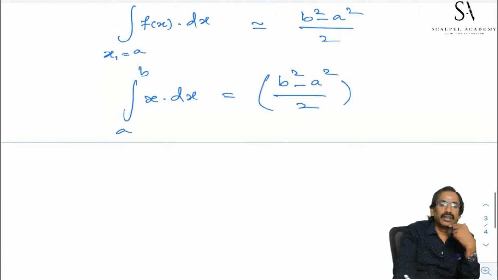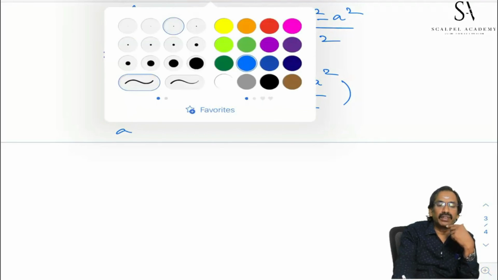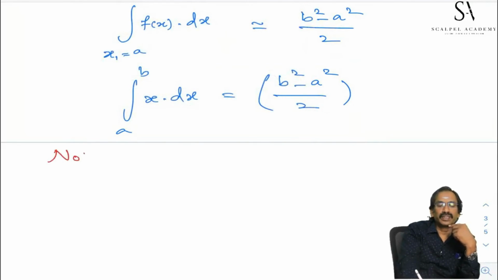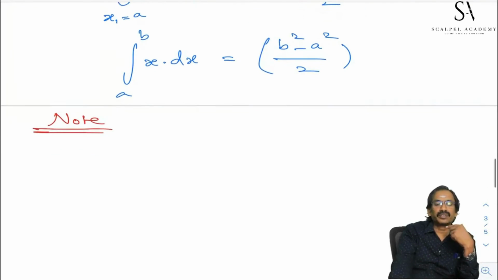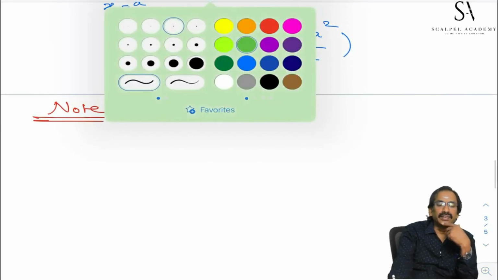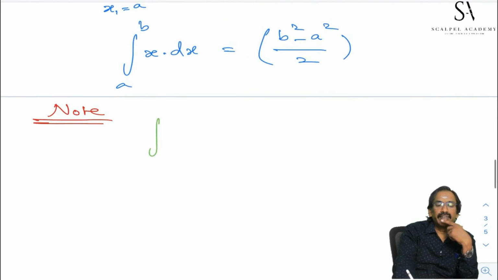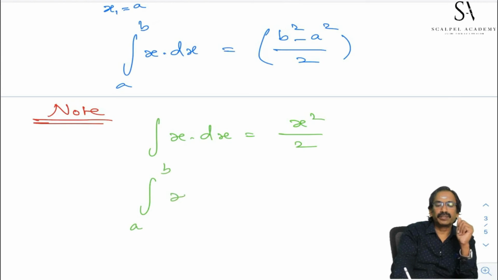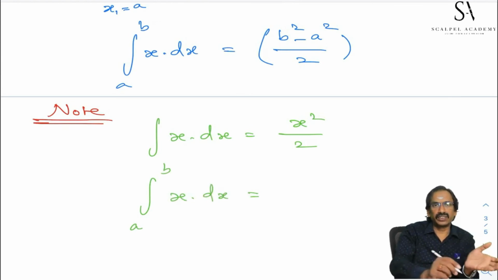Student, let us have one note. Listen. Here integral of x to the power of 1 dot dx, this integration is x square by 2. How to apply the limit a to b? First integrate x dot dx, that we got x square by 2.